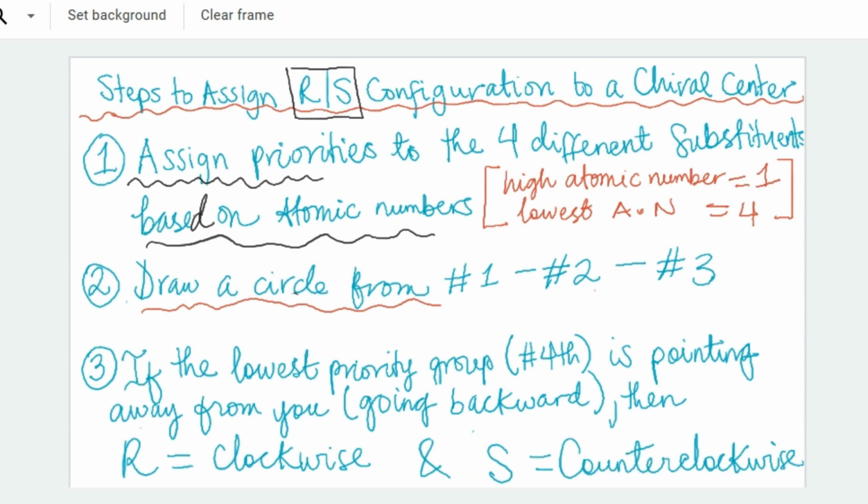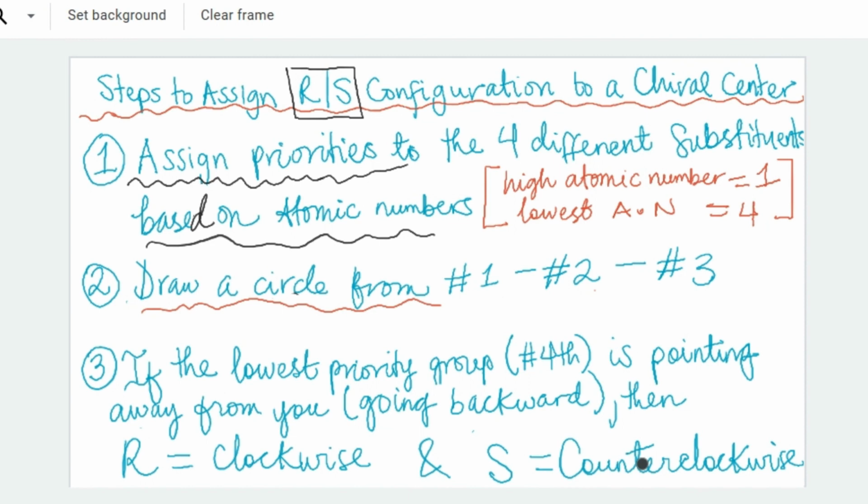The first thing you have to know is that anytime you're asked to determine whether a chiral center is R or S configuration, you first of all have to assign priorities to the four different substituents based on the atomic numbers. The atom with the largest atomic number has the highest priority.